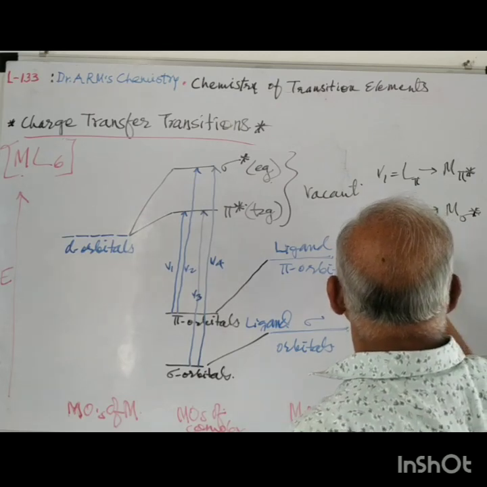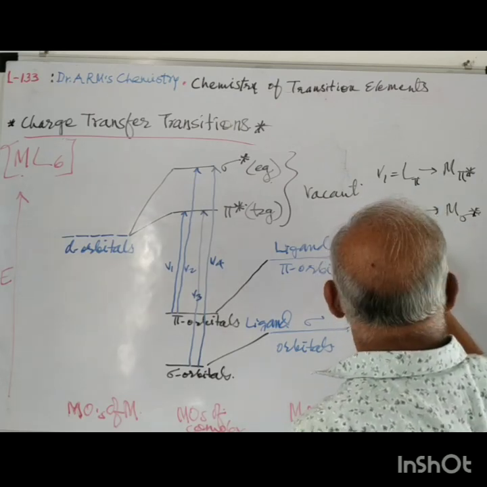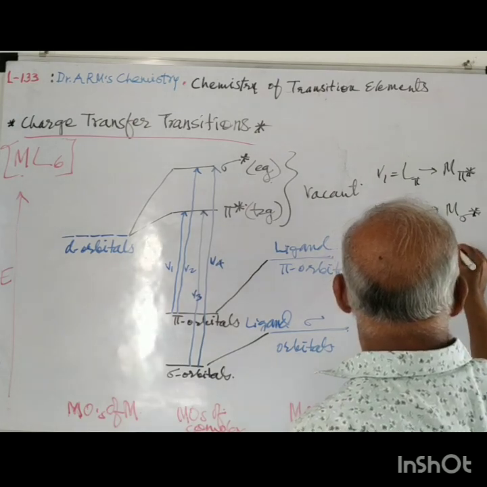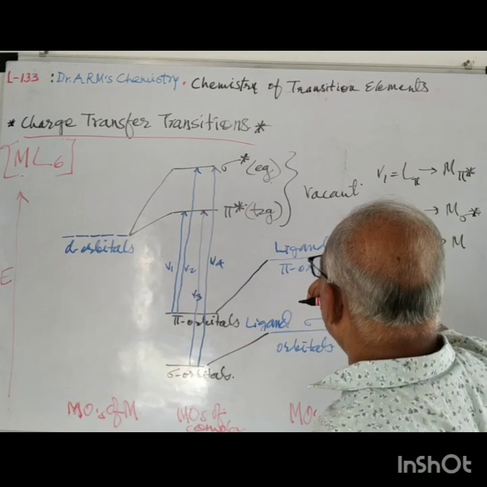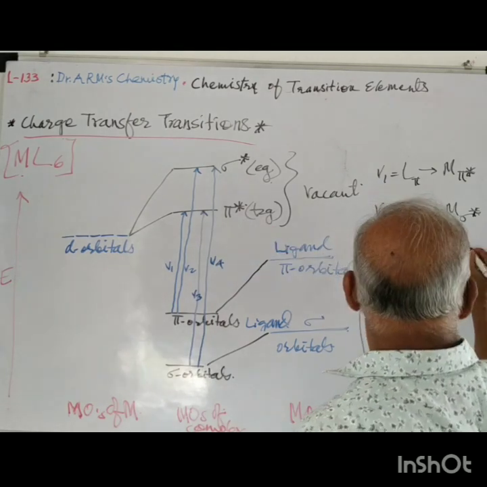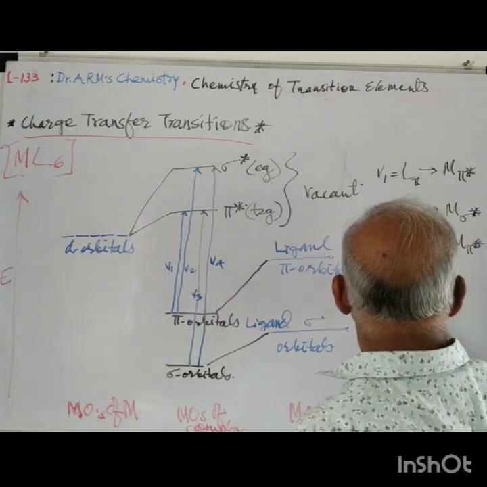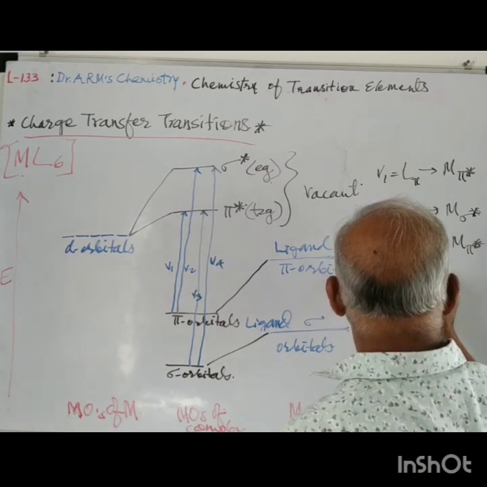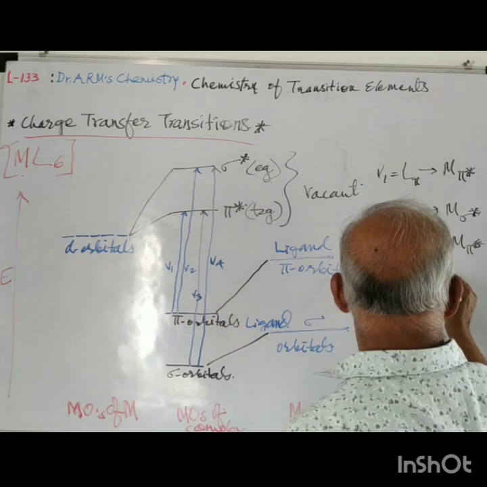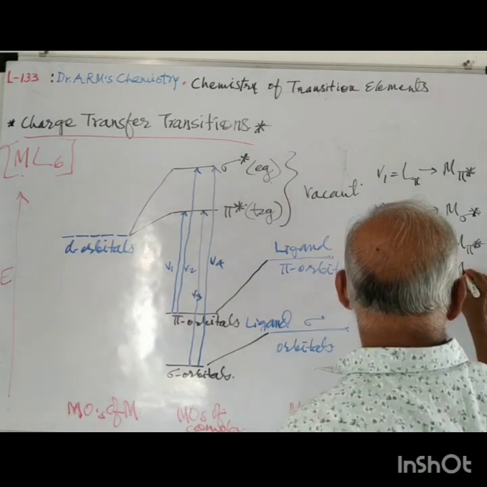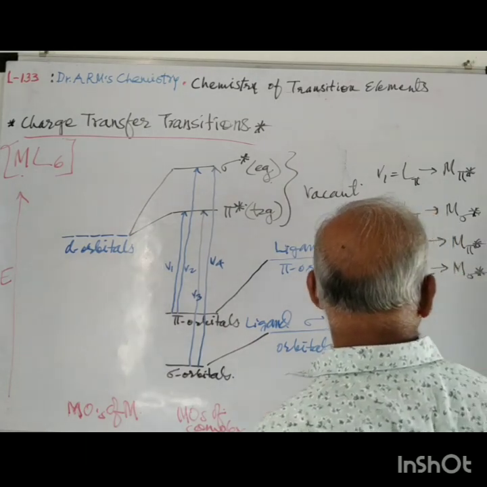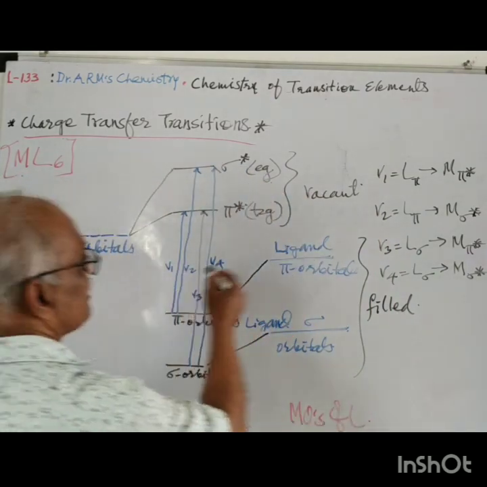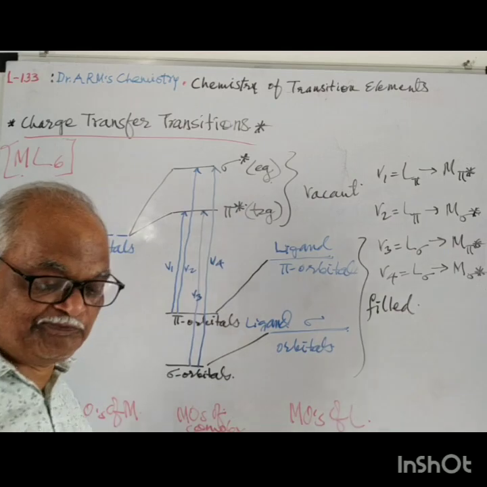Then the V3 type of transition is composed of these ligand sigma orbitals to the metal pi star orbitals. And the V4 type of transition takes place from ligand sigma orbitals to the metal sigma star orbitals. So these transitions we have shown here for easier understanding.